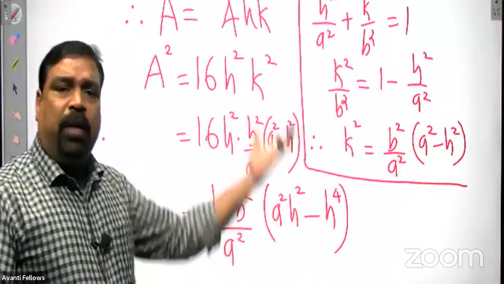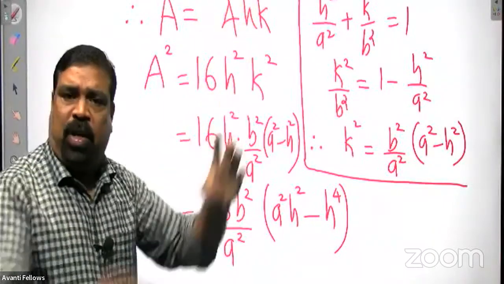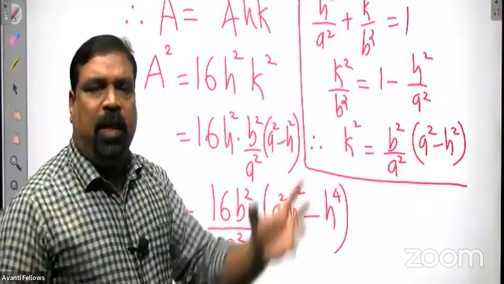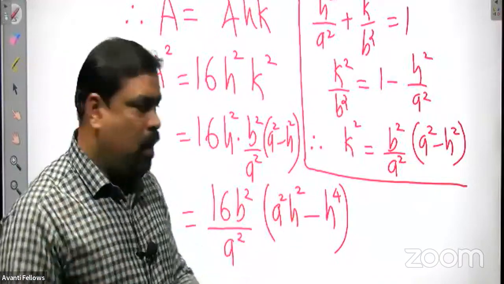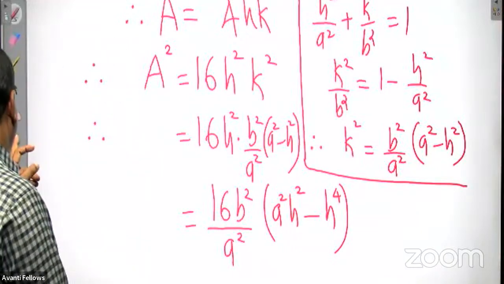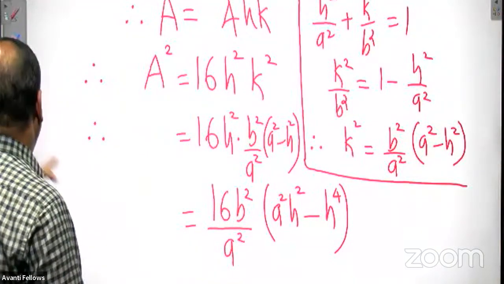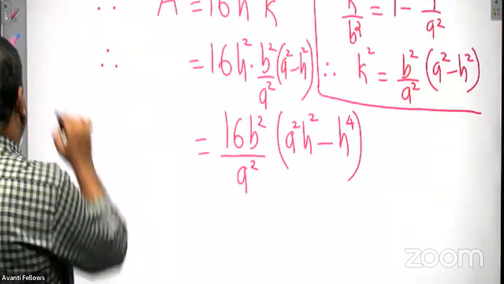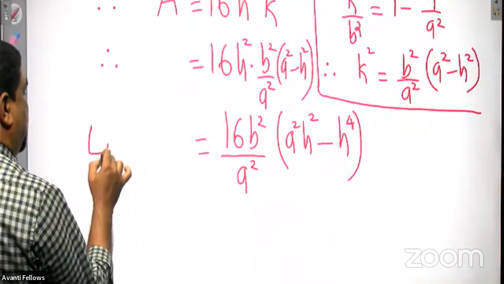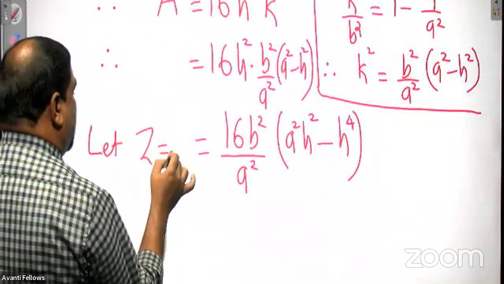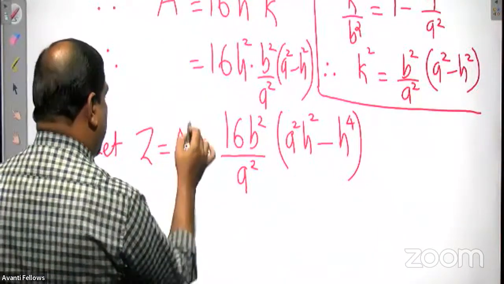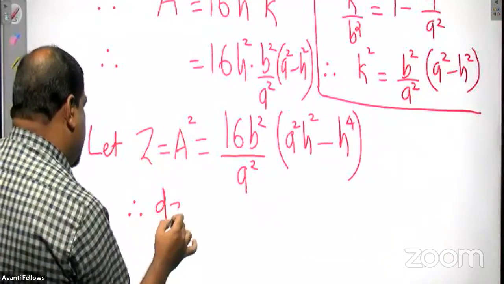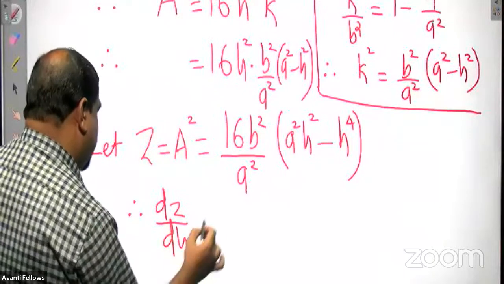Because remember, the rectangle we have inscribed is not a fixed rectangle. It is a variable rectangle actually. The length and breadth can be varied. Now the next step, as usual, we have to find the first derivative, second derivative, etc. Before doing the derivative, let us name it as some z. Let z be equal to A square, so that we can write dz by dh.